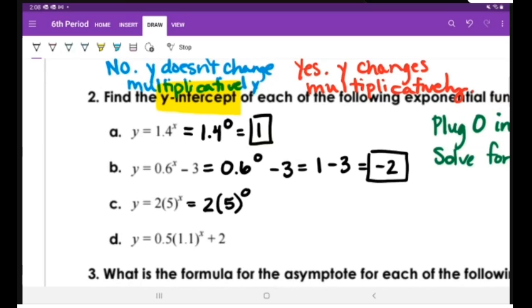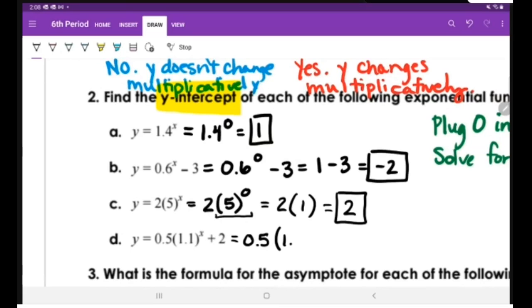Order of operations, exponents first. So you do the 5 to the 0 first, and 5 to the 0 becomes a 1. And then 2 times 1 gives you 2.